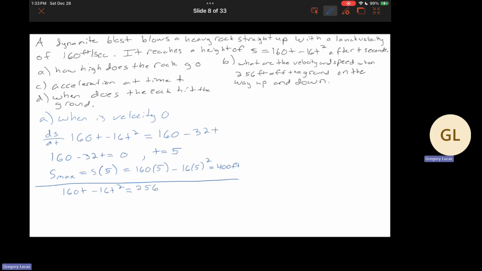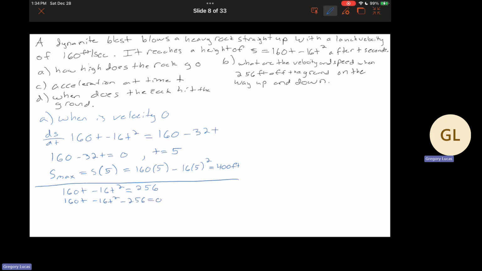So we want to find the rock's velocity at 256 feet. We can do a little algebra here. We want to subtract that 256 to the other side. So I have 160t minus 16t squared minus 256 equals 0.